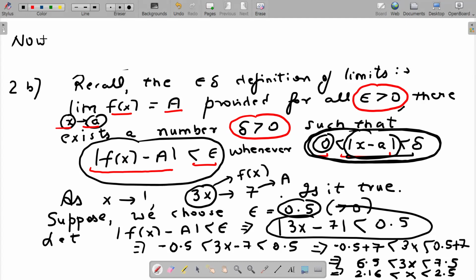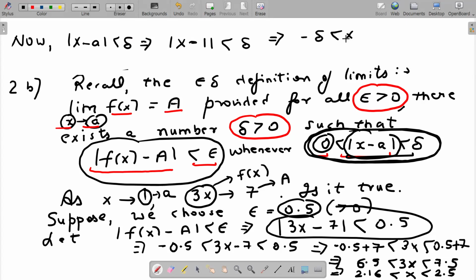Now x minus a in absolute terms should be less than delta, which implies x minus, what is a? What is small a? Small a is 1, right? Should be less than delta, which implies x minus 1 should lie between minus delta and plus delta using the inequality rule.